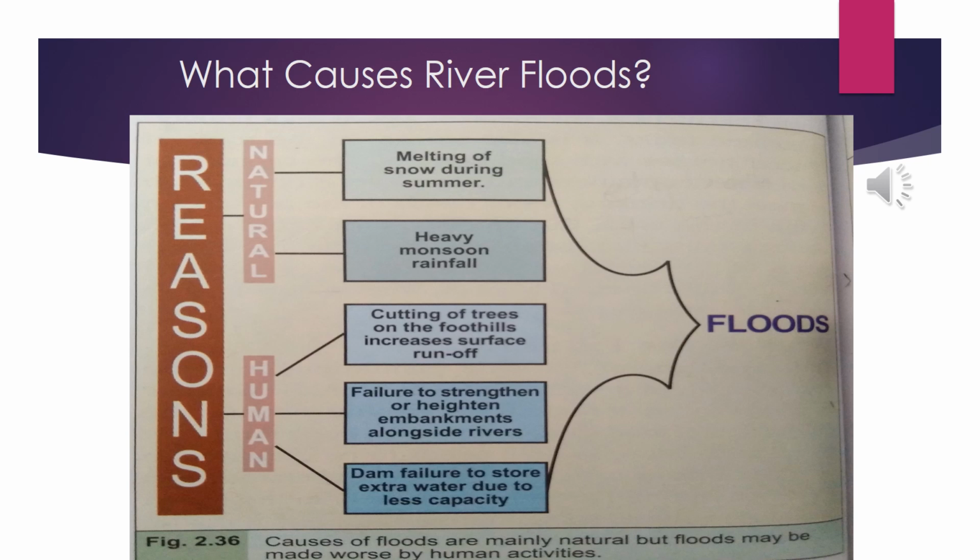So what would happen if there is more rainfall, if there is glacier melt or snow melt? There is higher influx of water in the river, so our dams would not be able to hold more water, and eventually we would have to release the water from the dam, because we do not want to fail the dams, we do not want to damage the dams. So we would have to release the water.